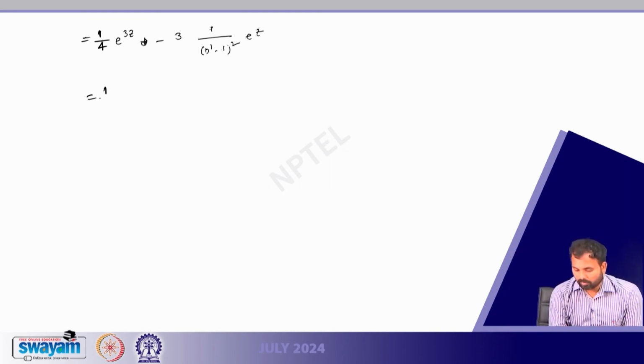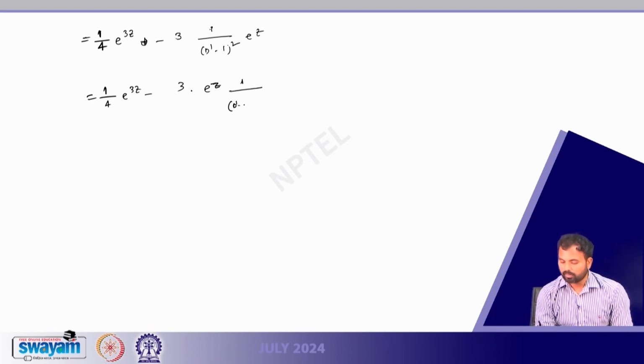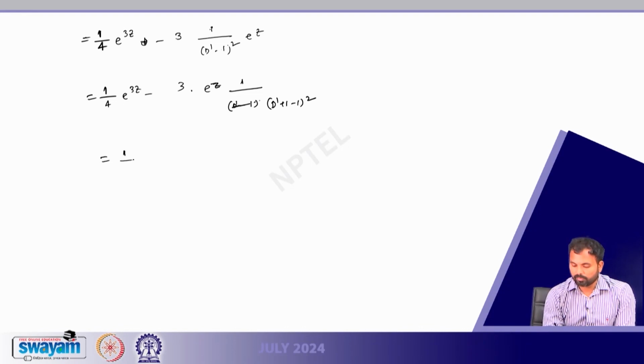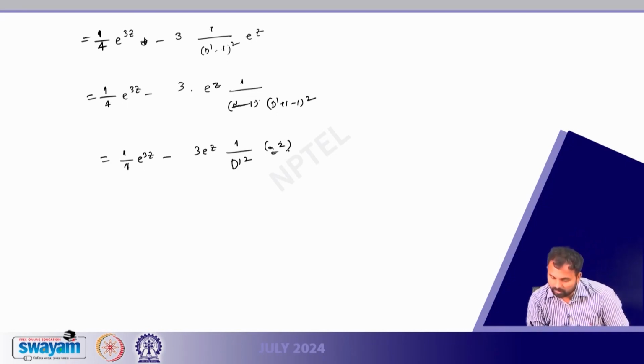So now this will be 1 by 4 e to the power 3z minus 3 e to the power z times 1 by (D dash plus 1 minus 1) whole square, so this will be 1 by 4 e to the power 3z minus 3 e to the power z times 1 by D dash square of 1.